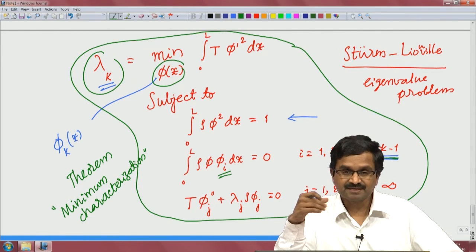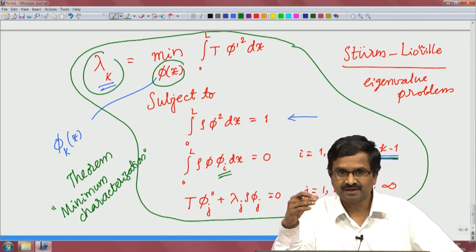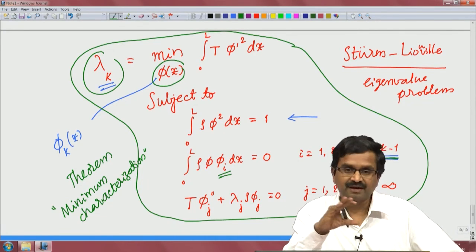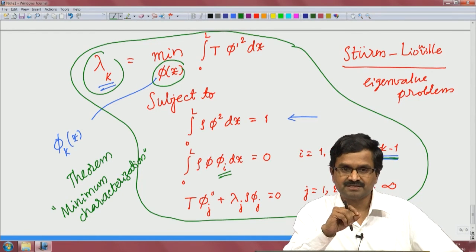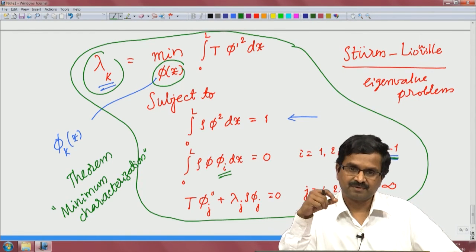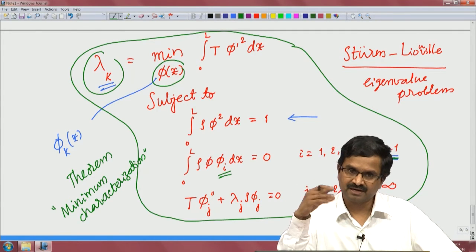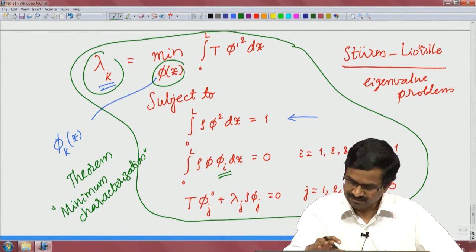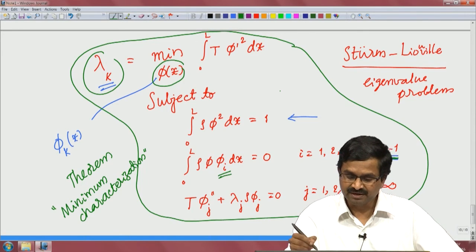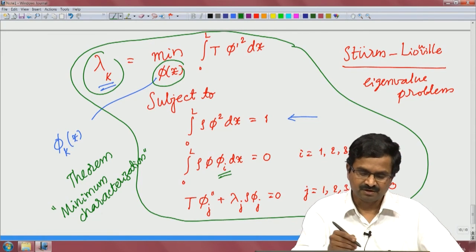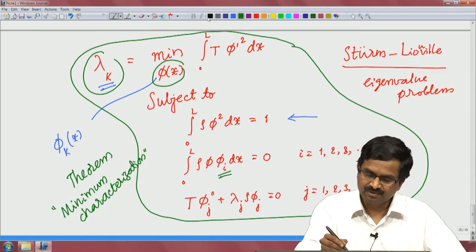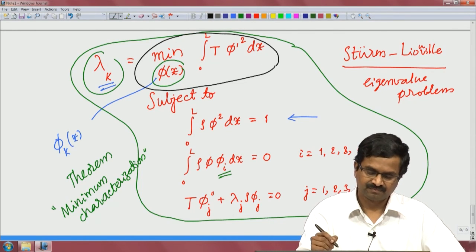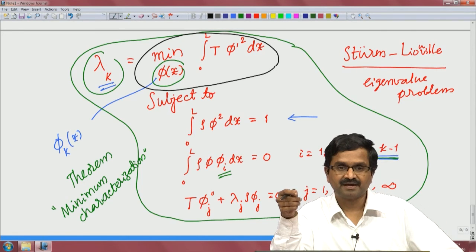That takes some time, even though it is not complicated, several simple steps are there, not unlike what we have already discussed to see how all lambdas are non-negative and the orthogonality of eigenfunctions. When you do that, you can prove this theorem, and it is numerically very important, because we are able to define the kth eigenvalue.